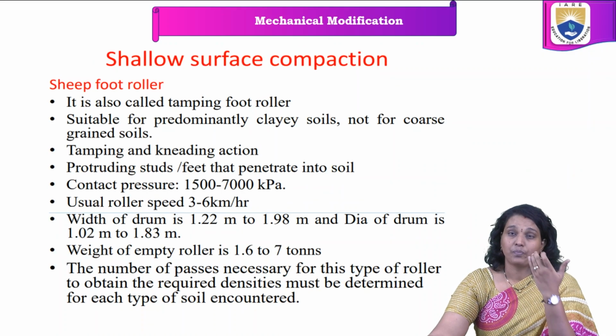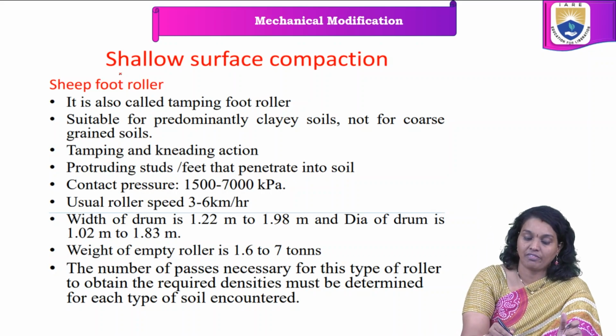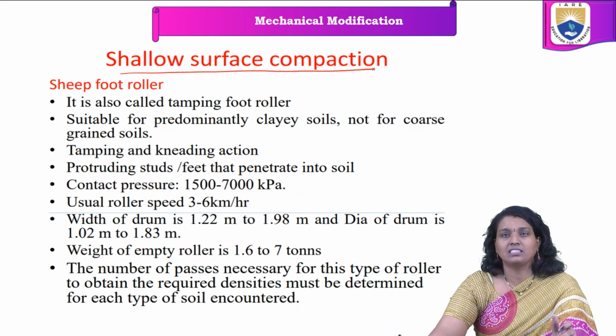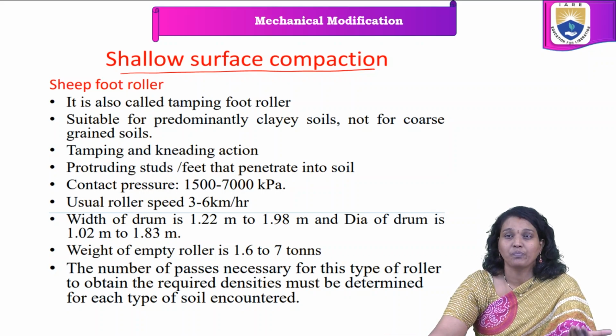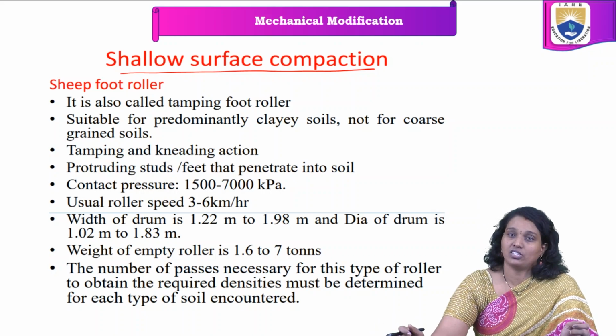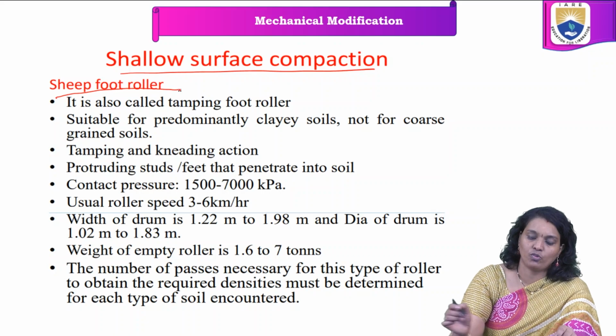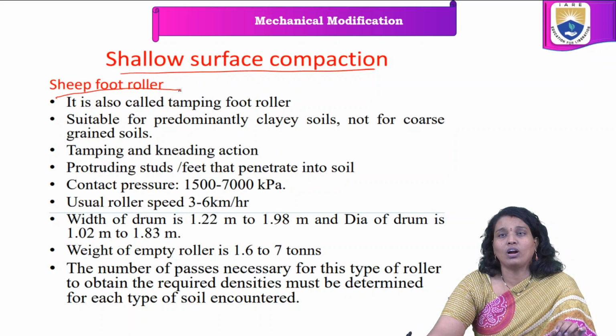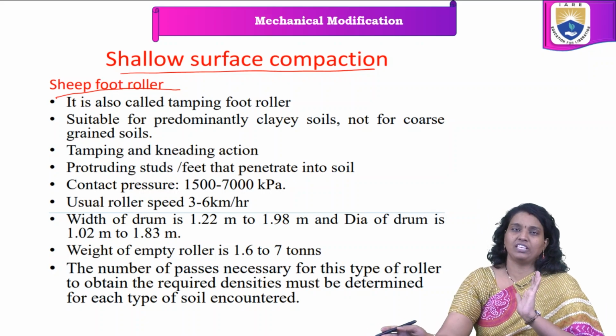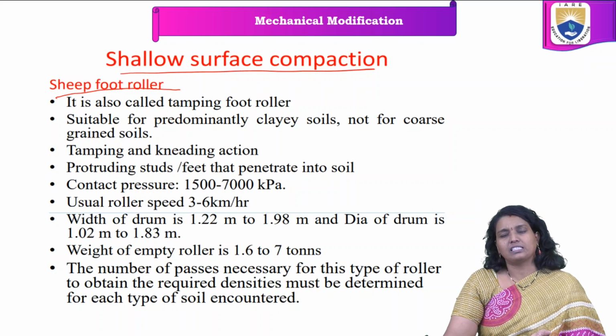In this, shallow surface compaction has different properties, and we use different kinds of roller equipment, which have certain limitations. In shallow surface compaction we use sheep foot rollers, which are also called tamping foot rollers. It is not suitable for all kinds of soil, as we already discussed.